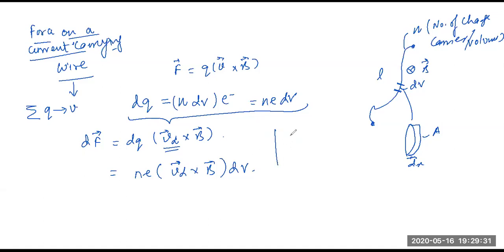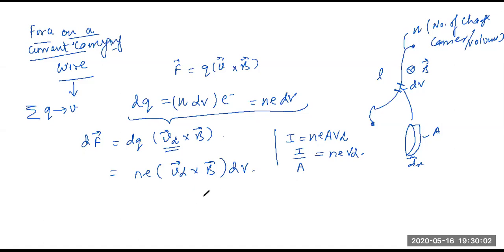Now I is actually n e A v_d. Yes or no? So from here, if I remove A, I get I by A is equal to n e v_d.